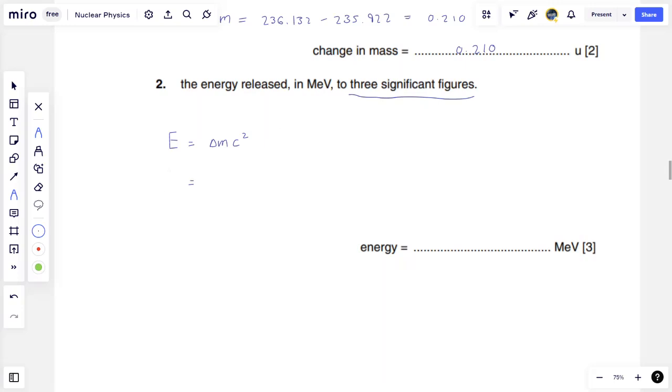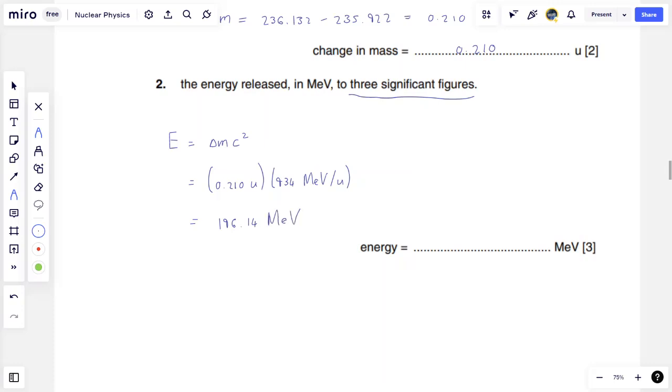How does this help? Well, I know m, the change in mass, is 0.21 atomic mass units, U, multiplied by 934 mega electron volts for every atomic mass unit, which is 196.14 mega electron volts.